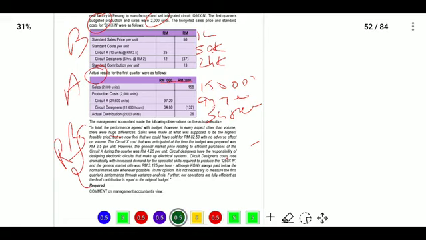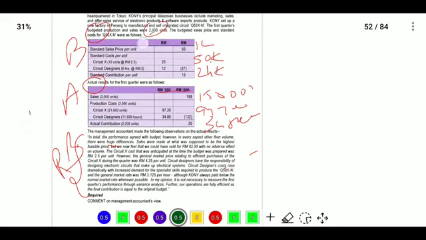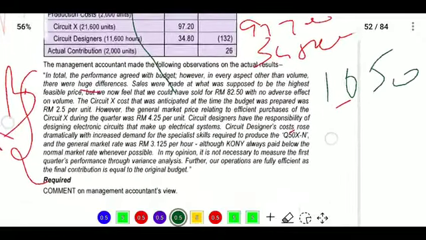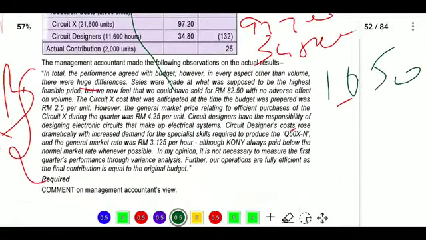So sales was recorded at 82.5 into 2000, so sales will be 1,65,000. Next, with no adverse effect on volume, there is no difference in volume. We will take the 2000 units as it is.